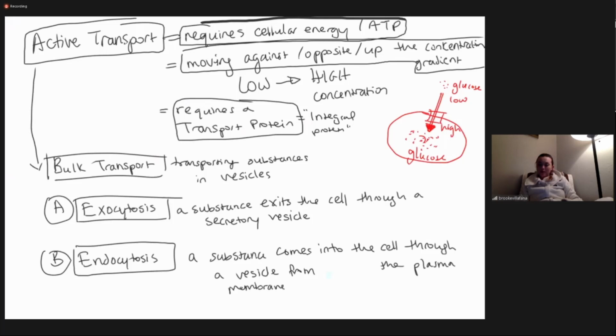It's grabbing the plasma membrane out. So it's like the cell forms arms and pulls something into it in endocytosis.